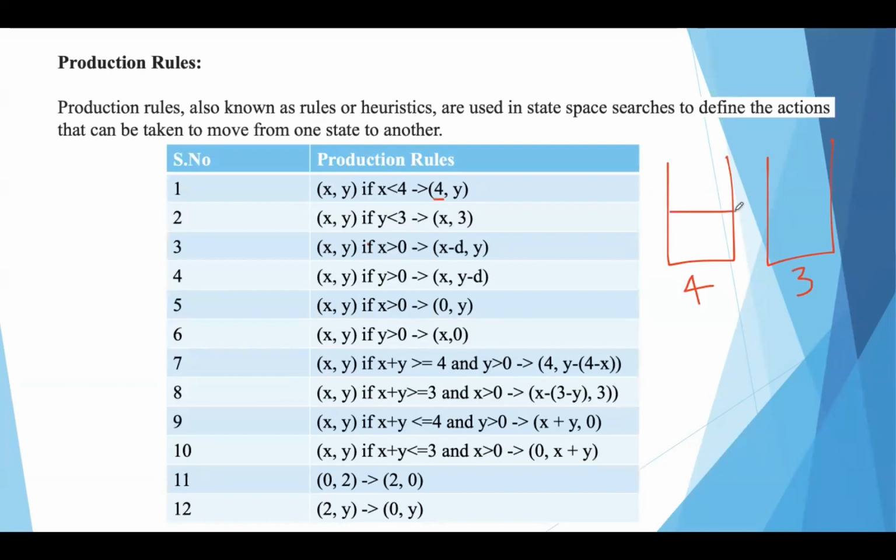Say if it has 2 liters of water, then you can fill the remaining 2 liters also until this 4-liter jug is full. And there is no constraint on y.